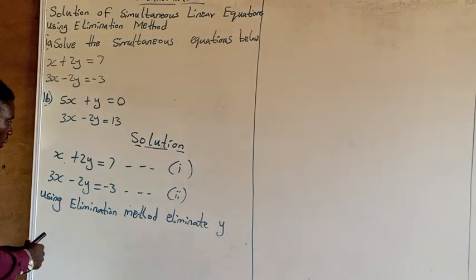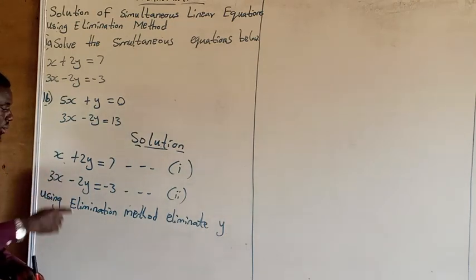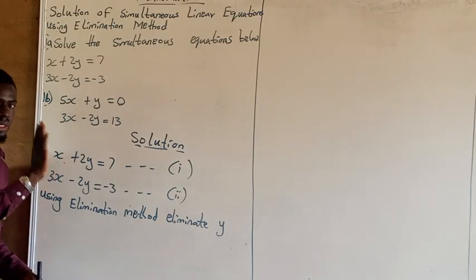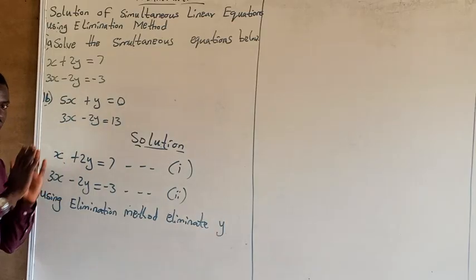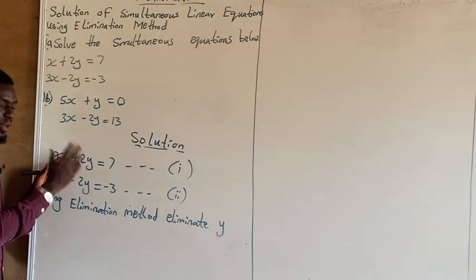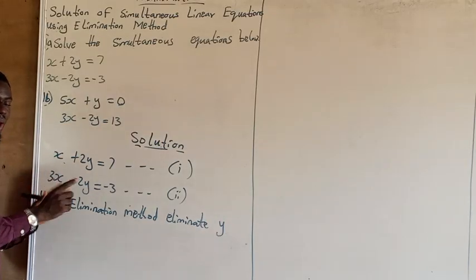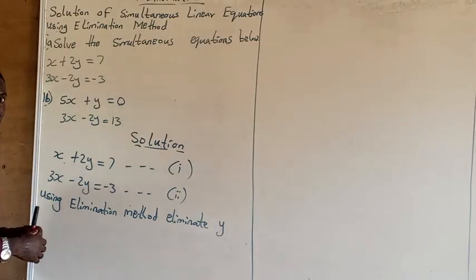So now, what do we do? We have to introduce a sign. But observe this, recall, if the signs are not the same, just keep it the way it is and add it up. If the signs are the same, maybe here is plus and here is plus, you have to introduce a negative.